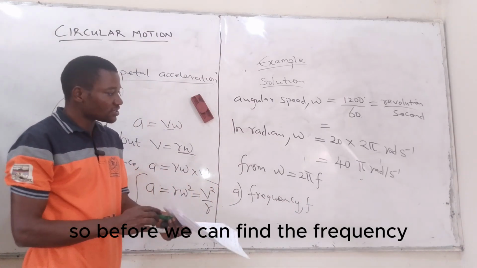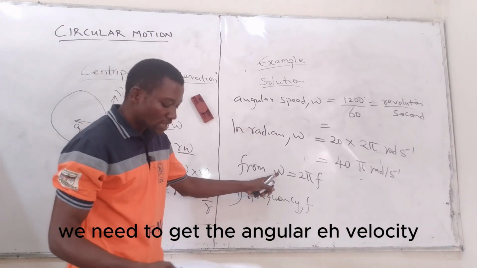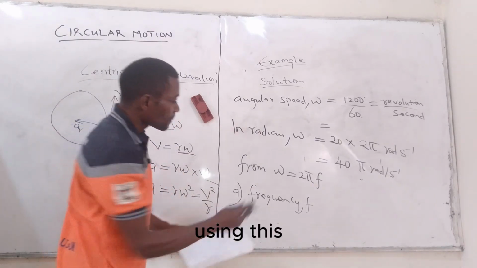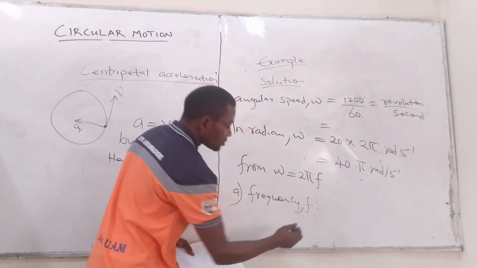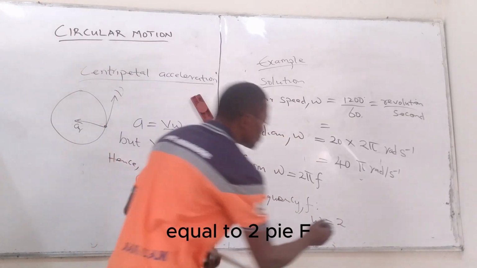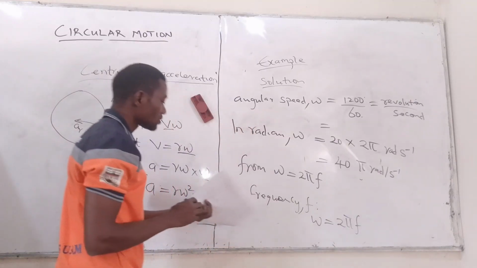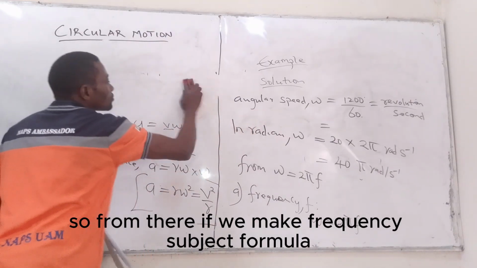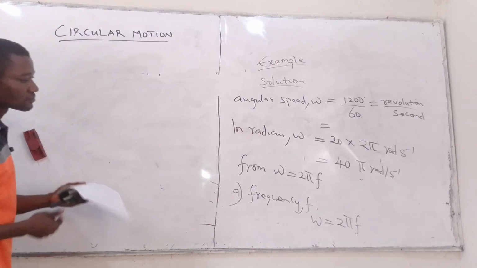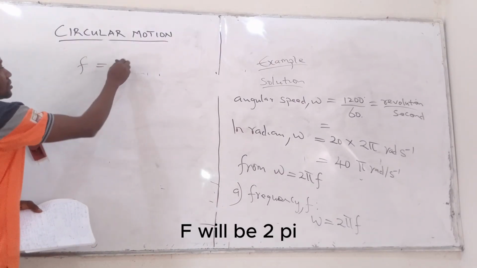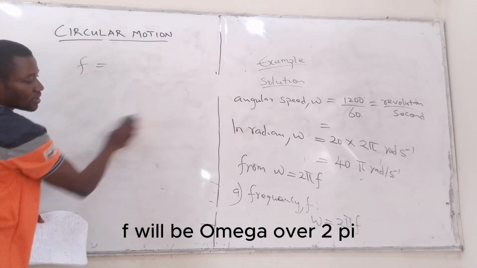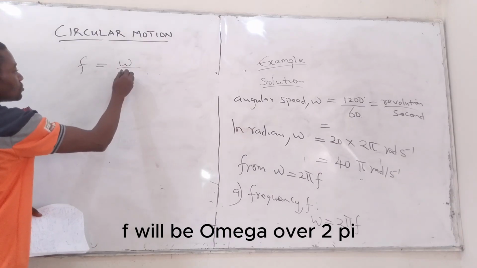So before we can find the frequency, we need to get the angular velocity. Using this, omega is equal to 2 pi f. If we make frequency the subject of the formula, f will be omega over 2 pi.